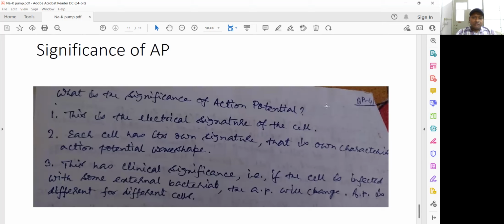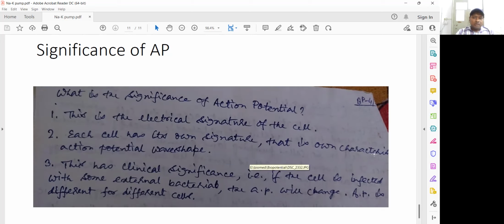Whatever cell it is, it will show while we apply the action potential. The second point is that each cell has its own signature. What I have mentioned already is if it is a nerve cell, then it is a spike. If it is a muscle cell, there will be some flat top over there. So that is the own characteristic action potential wave shape.